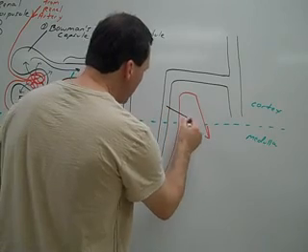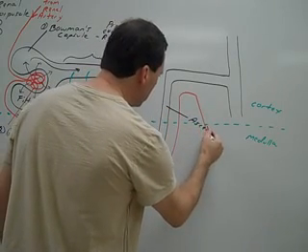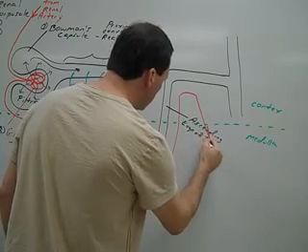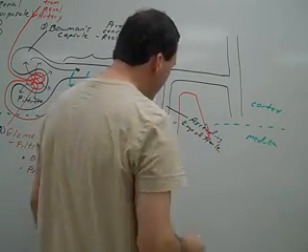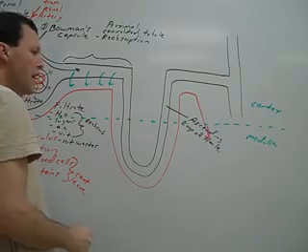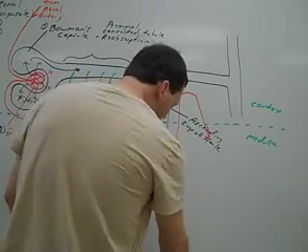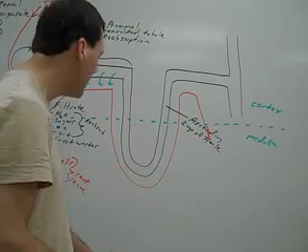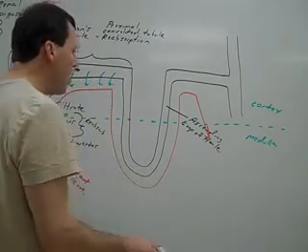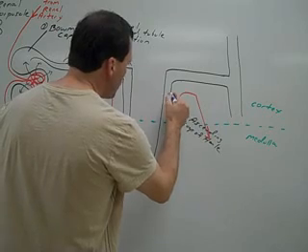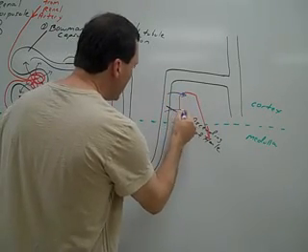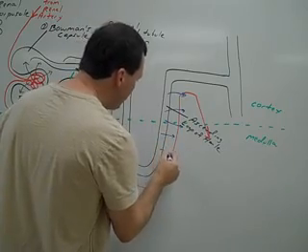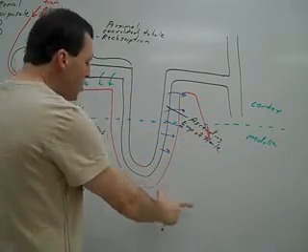So there's the ascending loop of Henle, and its job is to reabsorb salt, in this case sodium chloride. So let's draw that. I'm going to draw sodium chloride coming out, and a lot of it is actively transported out of the tubule and into the nearby tissue.